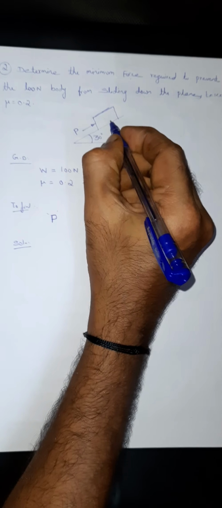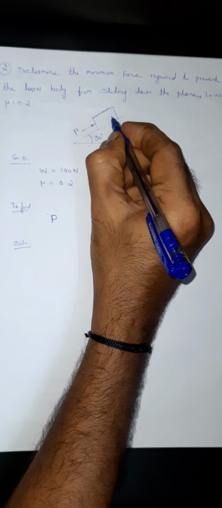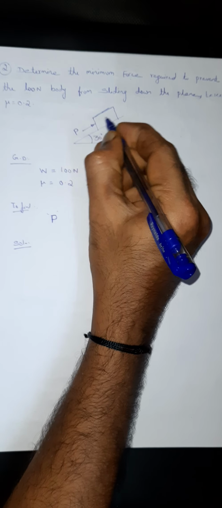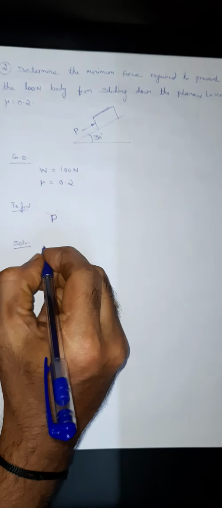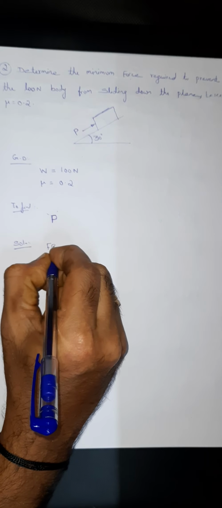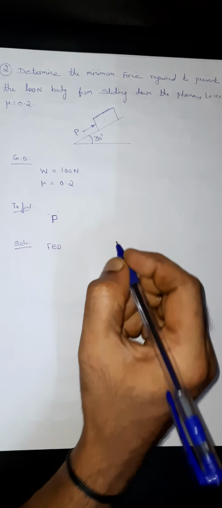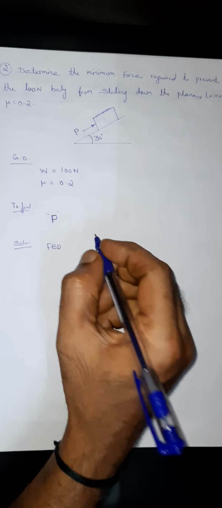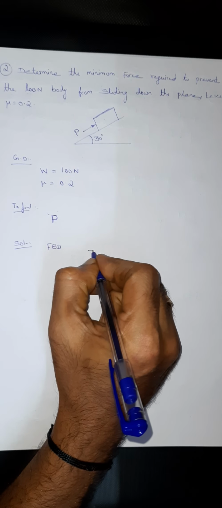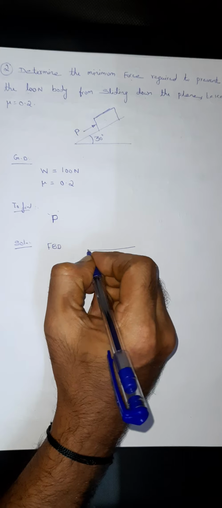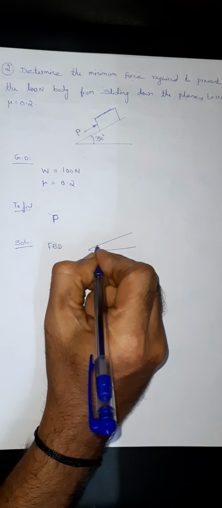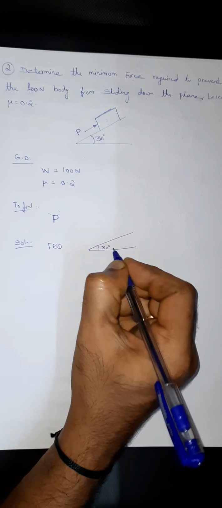That means naturally the tendency of motion is downwards. Let me draw the FBD, free body diagram. So this is at an angle of 30 degree.